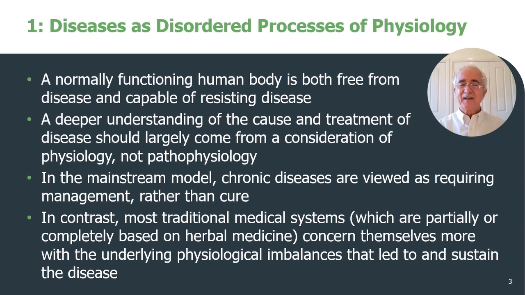And of course, they may use a different language. You know, Chinese medicine talks about the elements and tastes and meridians and what have you, but it's still looking to take a physiological understanding to the approach of curing a disease.